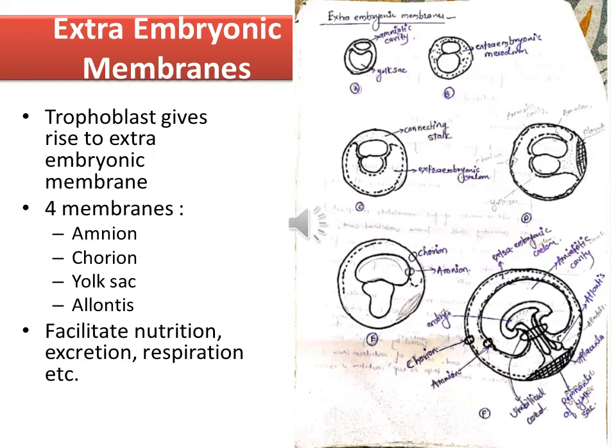Now you can see the first one, that is the chorion. The chorion is formed by your outer one, that is the parietal extra embryonic mesoderm, and trophoblast. The amnion is formed by the amniotic membrane plus extra embryonic mesoderm.